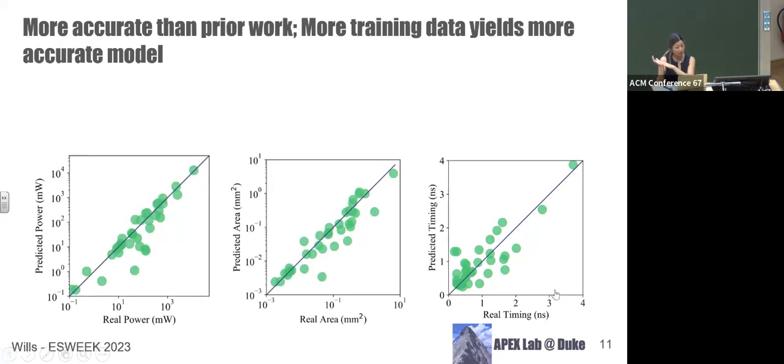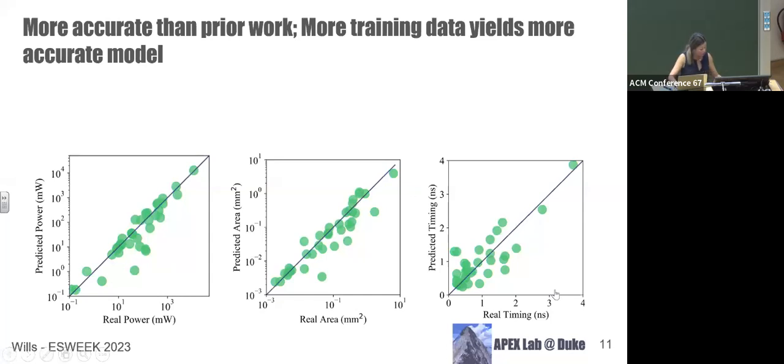The prediction accuracy results are obtained using a twofold cross validation, where we split the data set into A and B, and have the model train on B and evaluate on A, and vice versa. The y-axis here plots the SNS predicted physical characteristics, while the x-axis plots the synthesis results produced by Synopsys DC. And the closer the predictions are to the diagonal line of y equals x, the better the predictions.